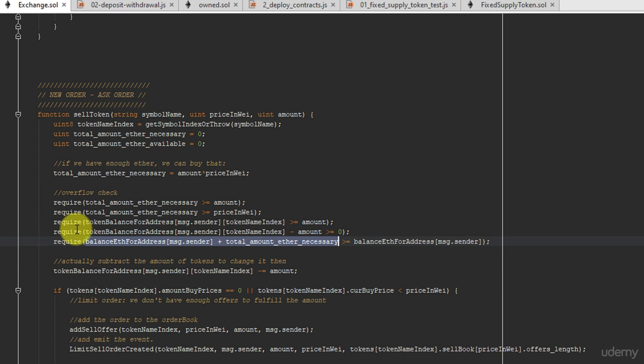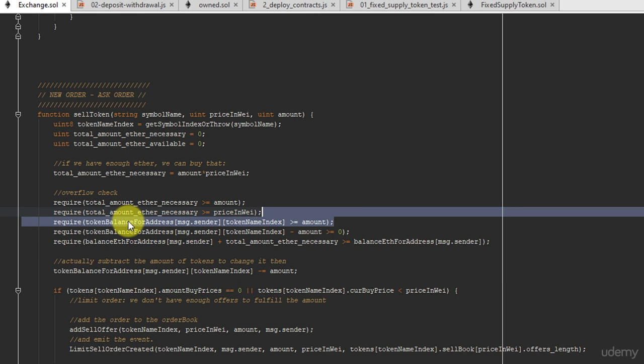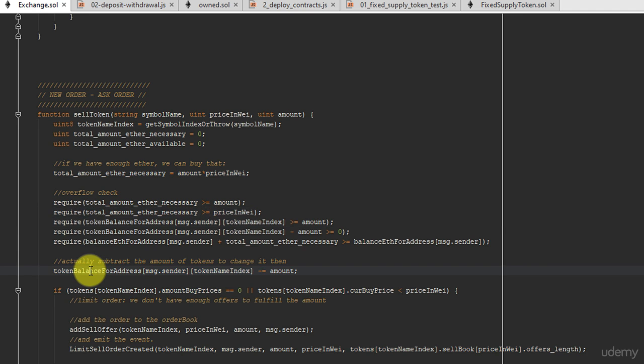If all of this runs through, and these are basically the very basic checks, then we can deduct the amount of tokens that we are trying to sell from our balance. Usually people just check if there are enough tokens in the balance that we can sell, and then deduct it. I usually also do some overflow checking just to be sure that nothing goes wrong.